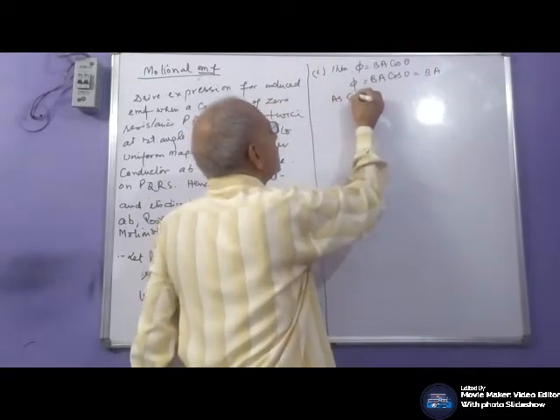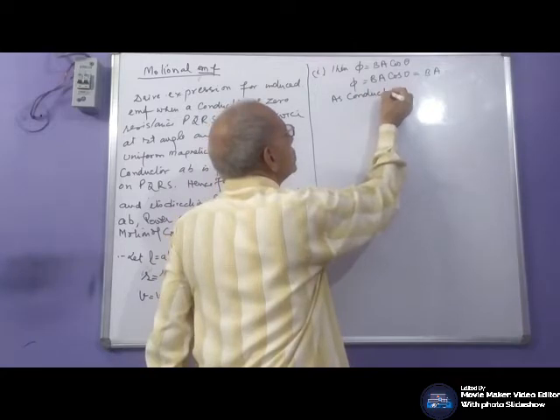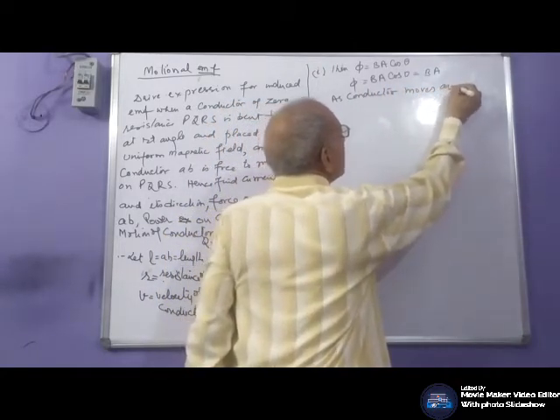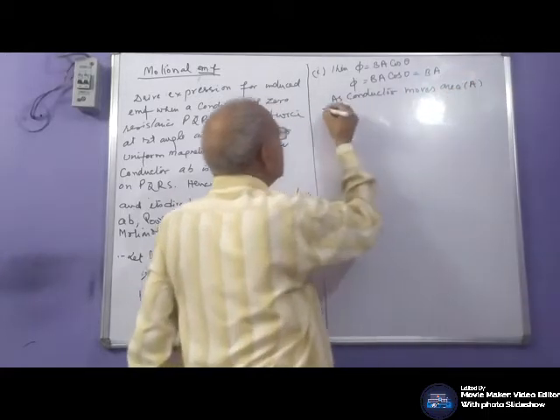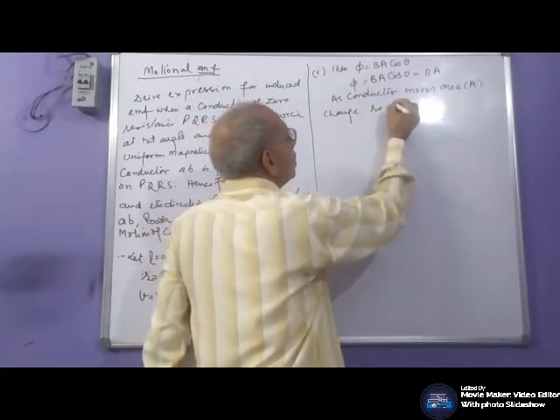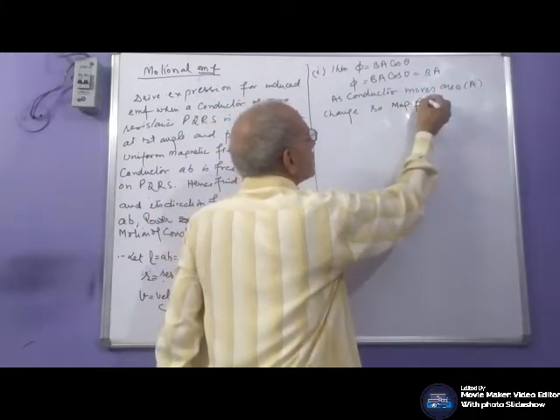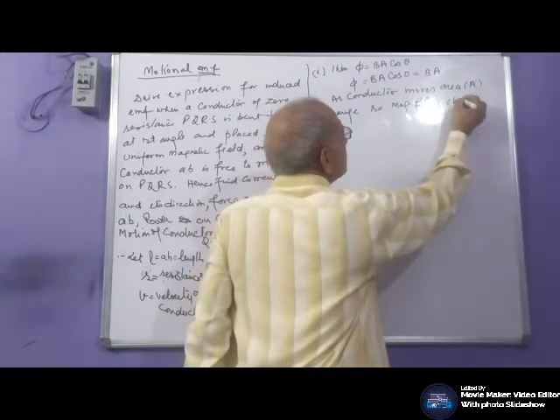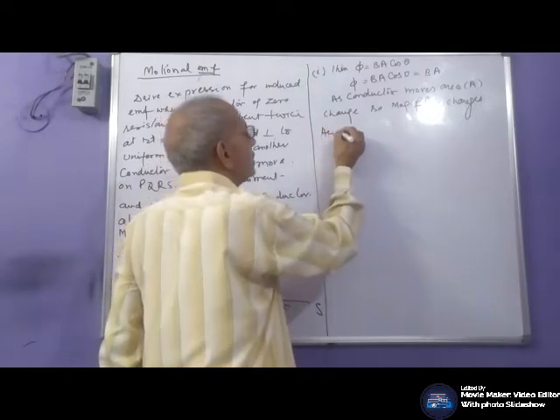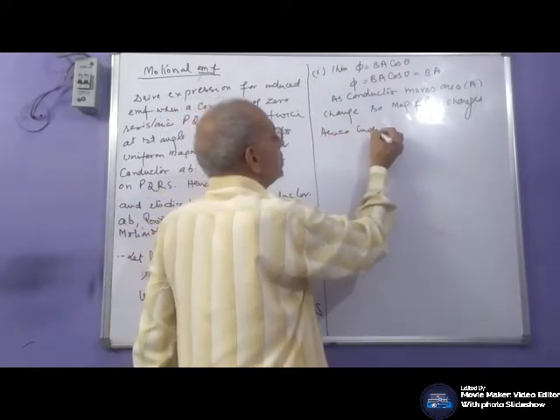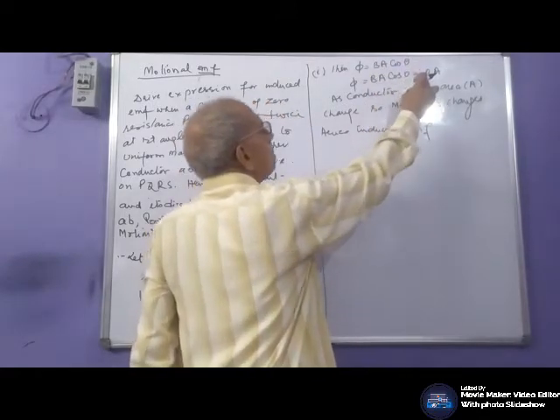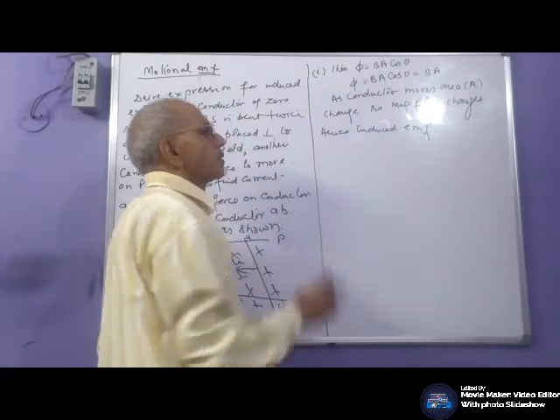As conductor moves, area changes. So magnetic flux changes. Hence induced e.m.f. ये कांस्टेंट है, ये बदल रहा है, तो it will change.